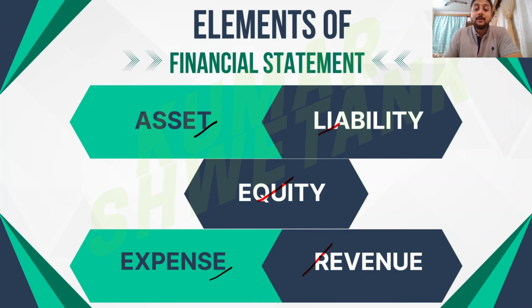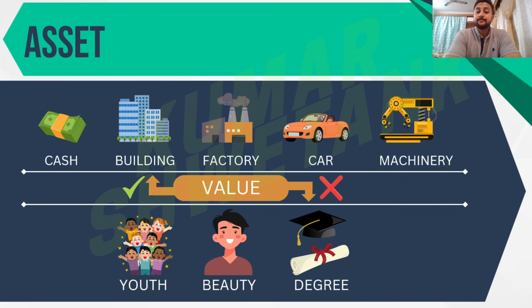So let's start. What is an asset? When I was teaching in the class, I asked my students about assets, and they came up with very innovative answers. Some came up with cash, some with buildings, some with a factory, some with cars, some with machinery.